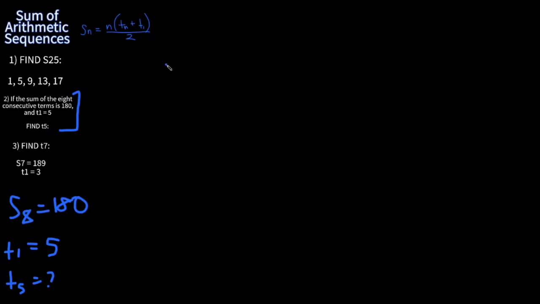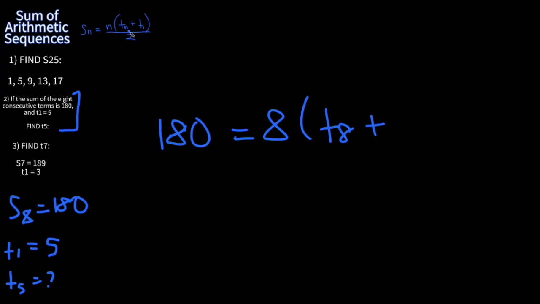Well, what I would like to do, and what I'd always do, is to write it out, even if it doesn't make sense. So we can use this formula, and we can substitute all the values. So S8 is 180, is equal to 8, so that replaces the n with 8, times T8, an unknown number, plus, remember when we replace T of any number, for n we replace with 8, so it's the 8th term, and we don't have that, they didn't give us that.